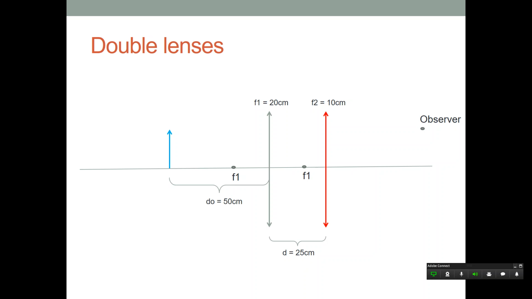Ever? Why or why not? Right now, the observer is on that side. Here I have, by the way, what kind of lenses are these? Convergent, otherwise known as biconvex lenses. The question was, why would you or would you not want an observer here?